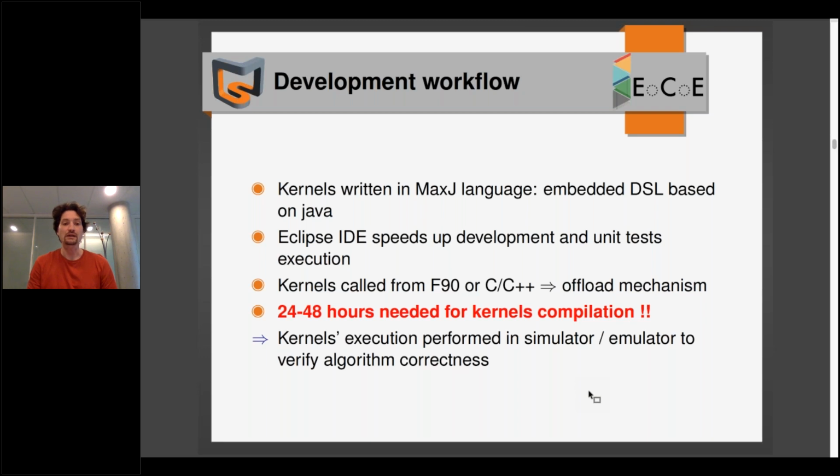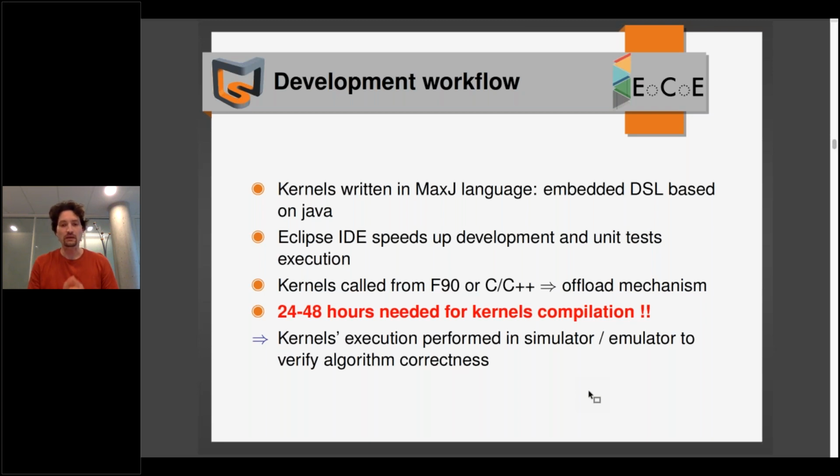There is a nice Eclipse plugin that speeds up the development and allows you to run unit tests on the kernels that you want to develop. And then these kernels, at the end of the day, are called from C, C++, or Fortran with an offload mechanism with data transfer. That's very similar in that sense to current GPU computing.